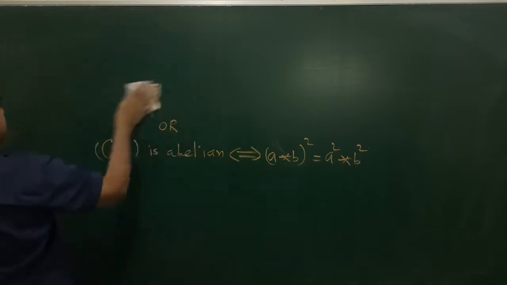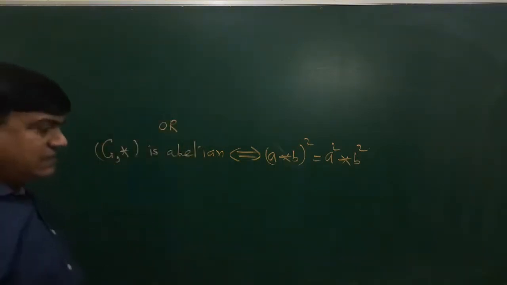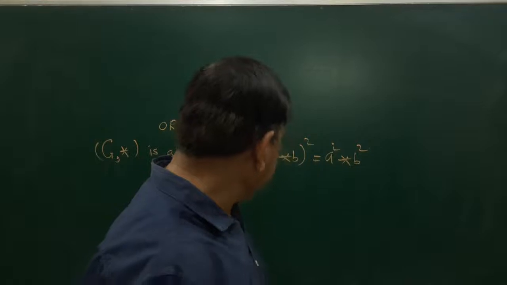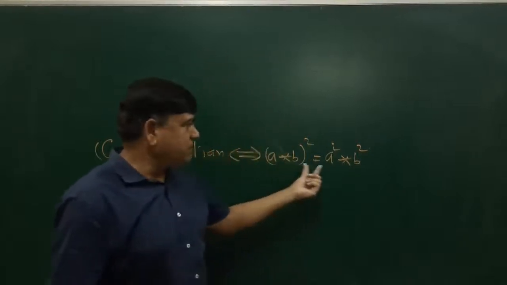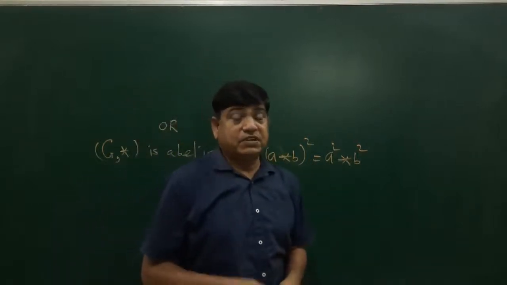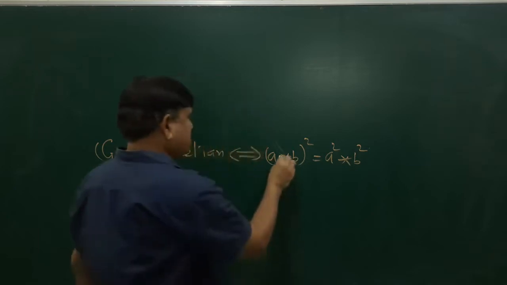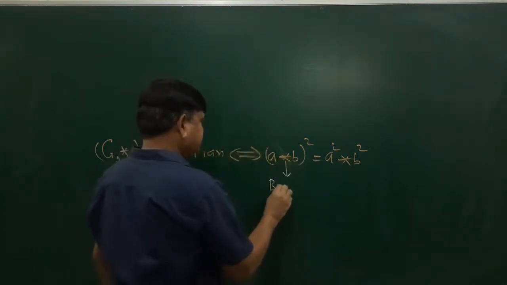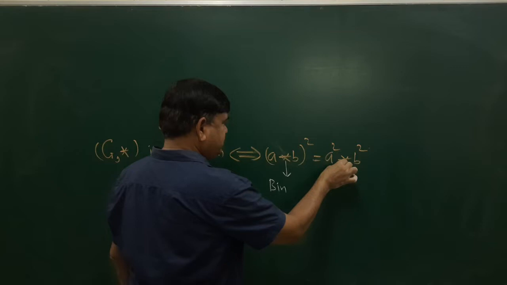Most of the students can think about (a asterisk b) whole square being a square star b square. Always remember, this is a binary composition.